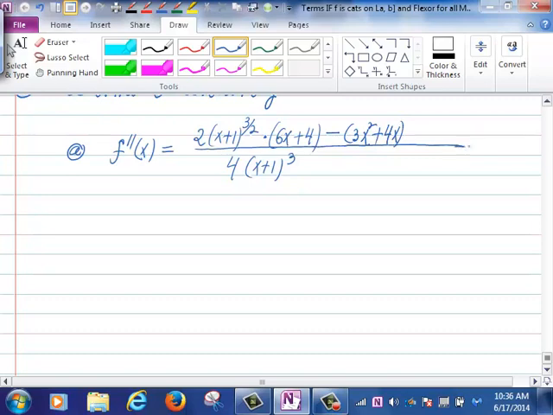That's the numerator now, multiplied by the derivative of the denominator, right? So what's the derivative of the denominator? Anybody? 3.